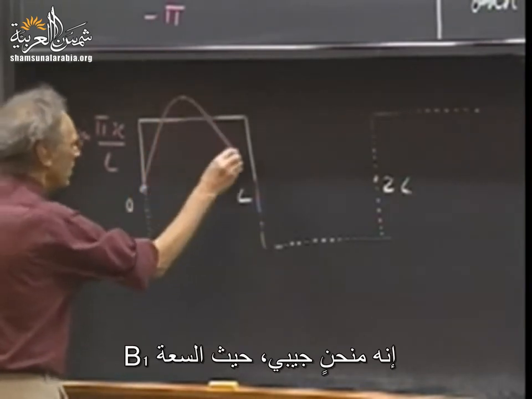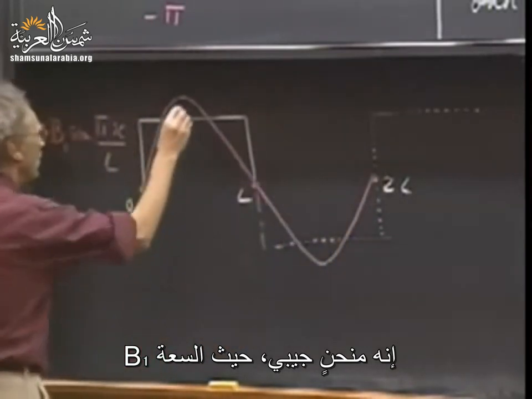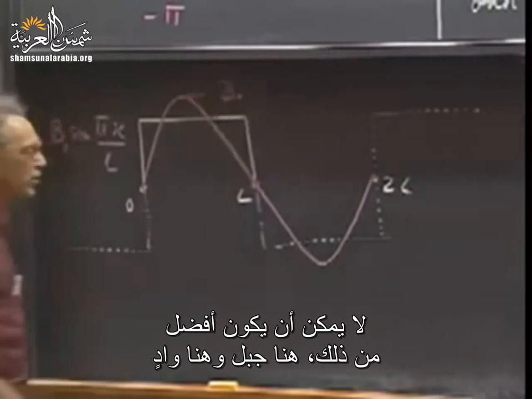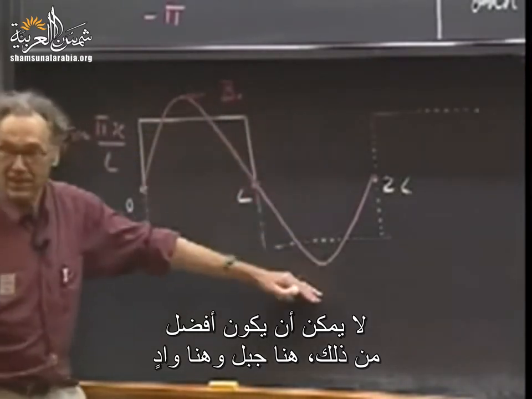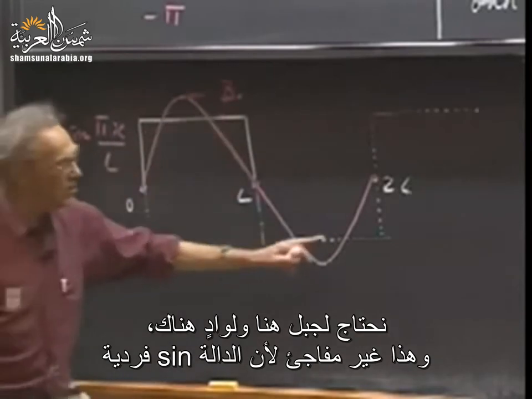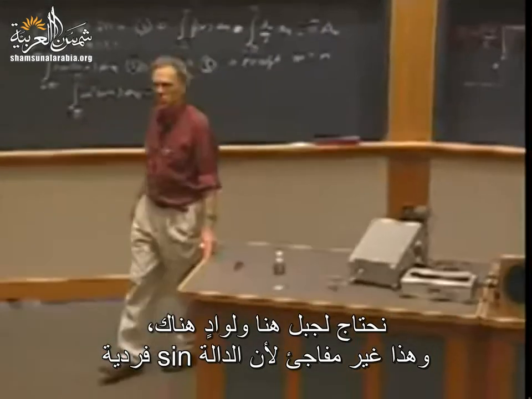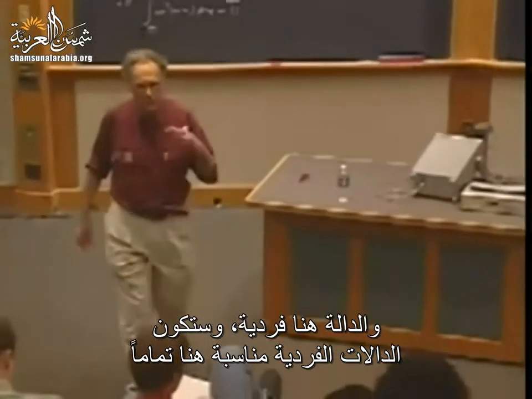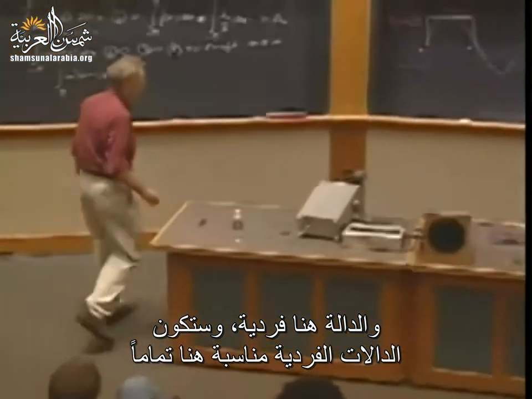This is a sinusoid which would have an amplitude B1. It couldn't be better. Here it is a mountain, and here it is a valley. Well, we need a mountain here, and we need a valley there. No surprise, because a sine function is an odd function, and our function is odd. So clearly, odd functions will do very well.